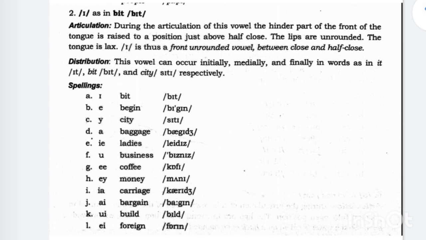Going on to other alphabets which stand for the vowel sound E. This word is pronounced baggage. See, and here this vowel sound E is described by the letter A, B-A-G-G-A-G-E.